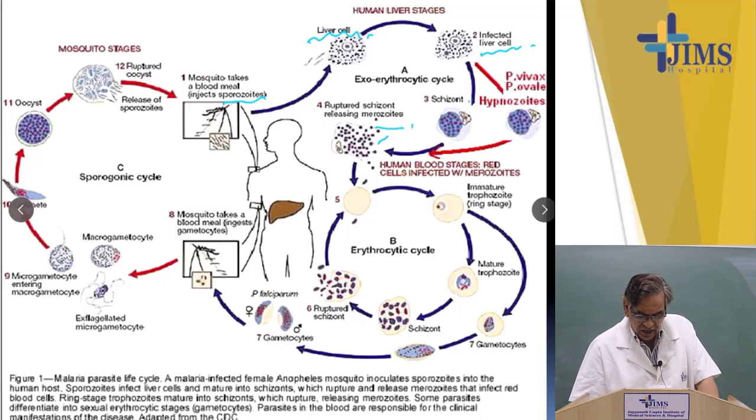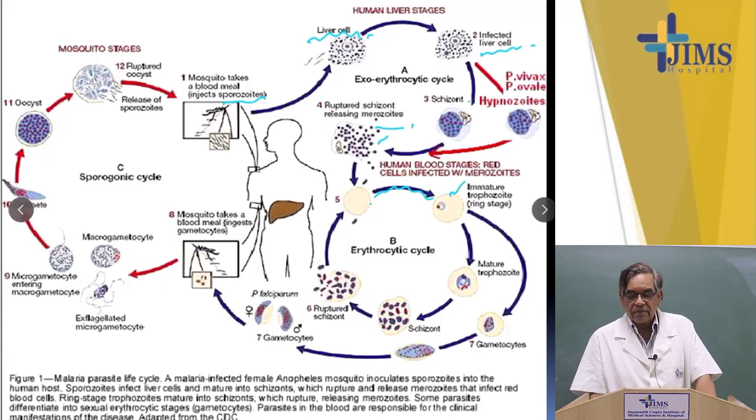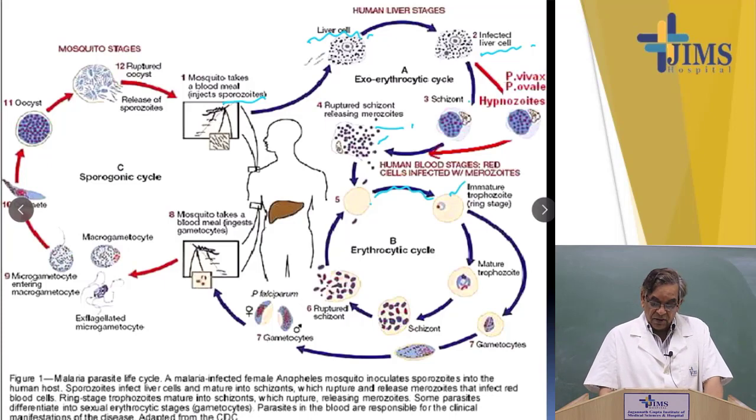Once they enter the RBCs, they again start multiplying in the RBC. The initial stage is the immature trophozoite, or the ring stage. But some of the parasites don't undergo further replication; they become gametocytes, male and female gametocytes.